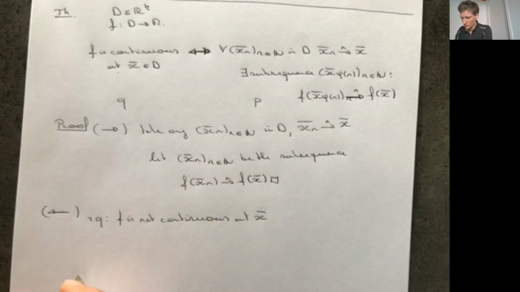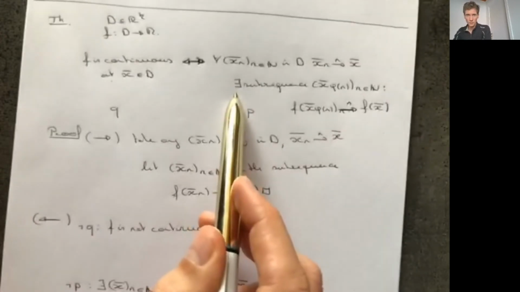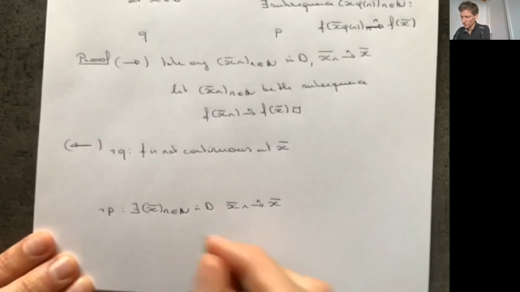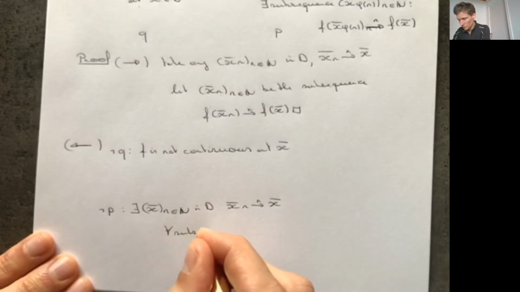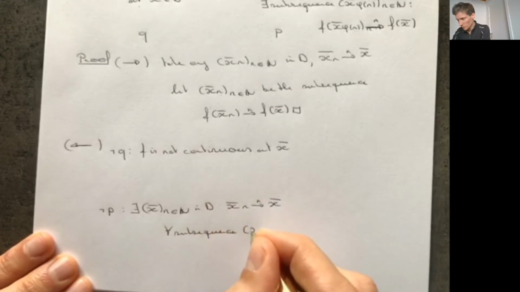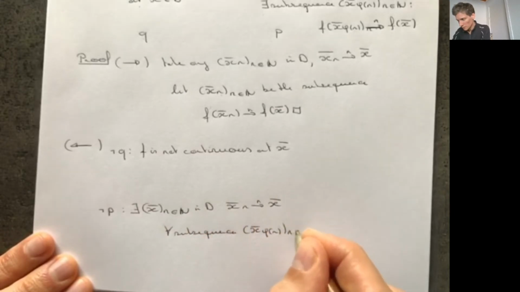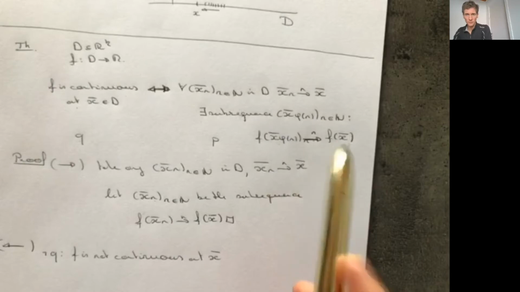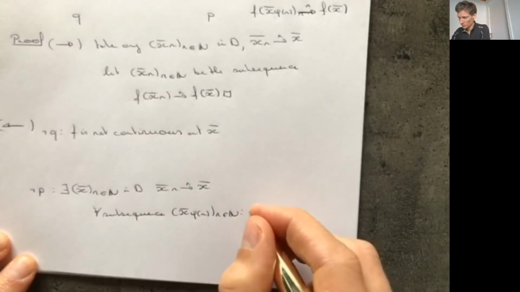and here negative P is, you have to switch the for all, so there exists a sequence xn in D such that xn converges to x, and then you have to negate the second part, such that for all subsequences x phi n, f of x phi n does not converge to f of x.